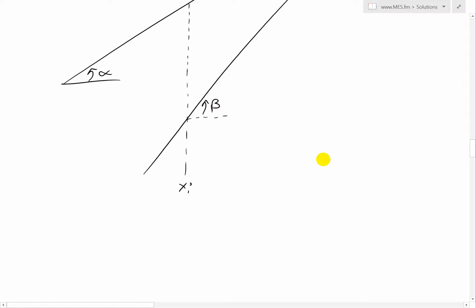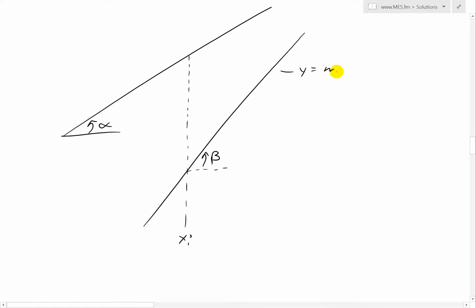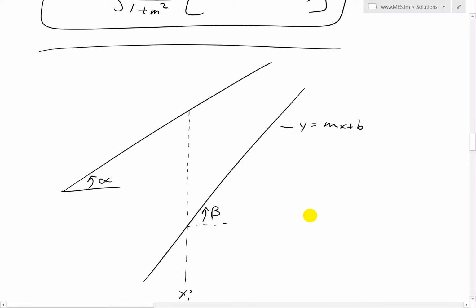And this we know is y equals mx plus b, and at this very point this is just our f of xi, because again this is the tangent line, at xi, f of xi. So at this very point it's tangent like that.